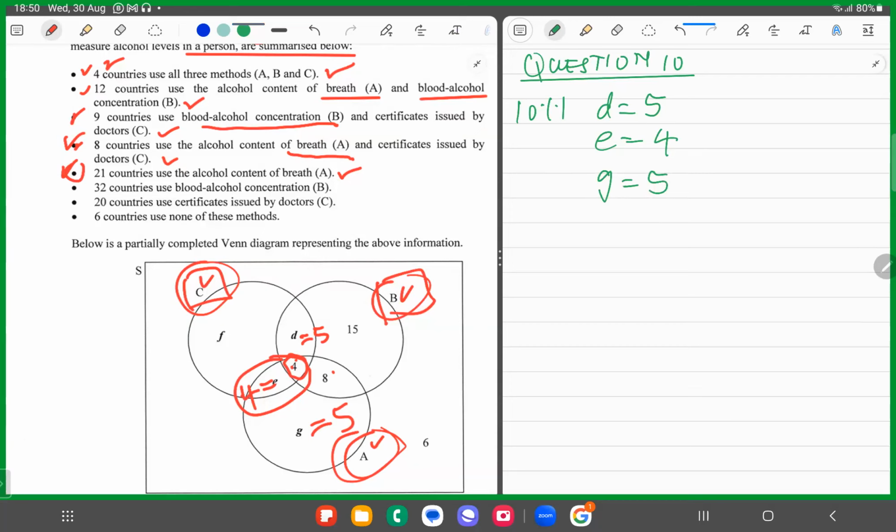Next, we continue to analyze more mathematics.